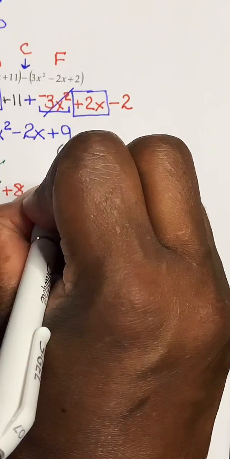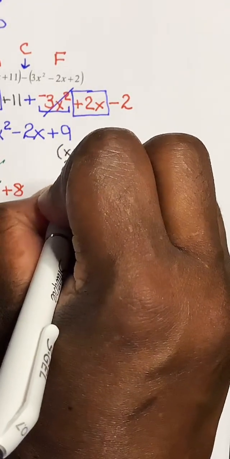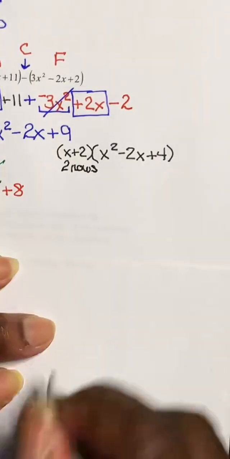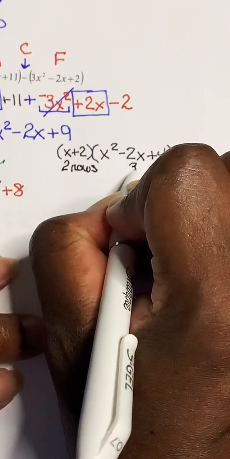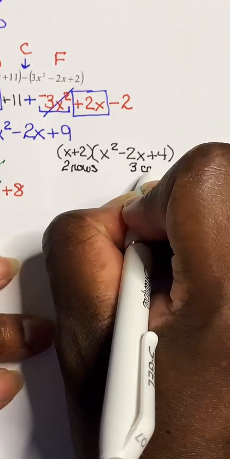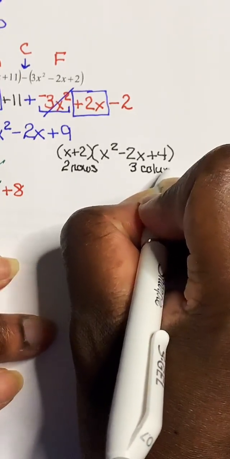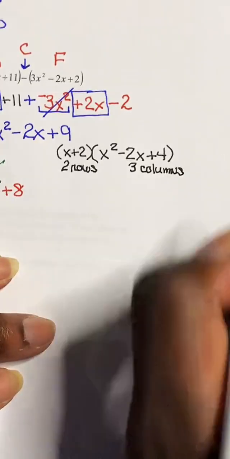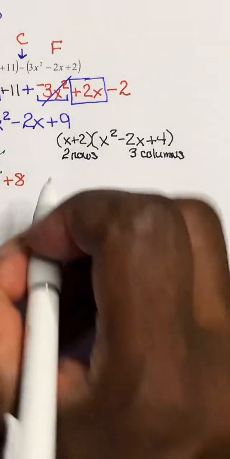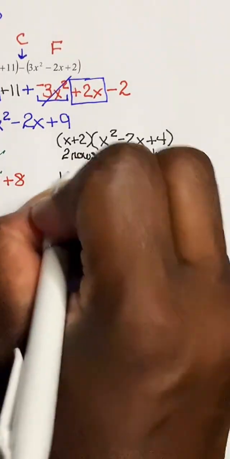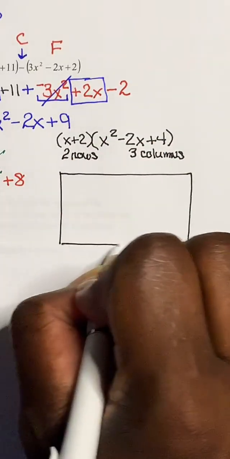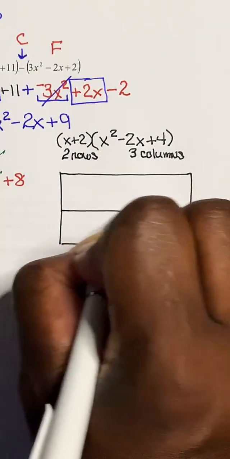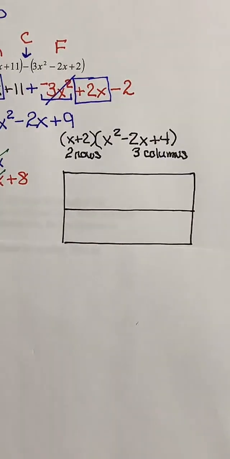And again, you do which one feels good to you. Okay, they're not going to ask you full on details. So we have 2 terms. That means we're going to have 2 rows. This parenthesis, we have 3 terms. That means we're going to have 3 columns.